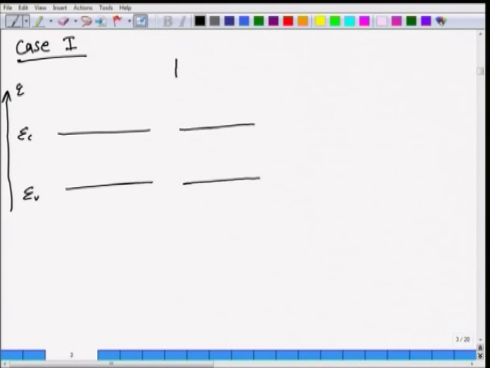On this axis is energy, and on this axis this time I am going to plot G_C of E, and on this axis we are going to plot G_V of E.